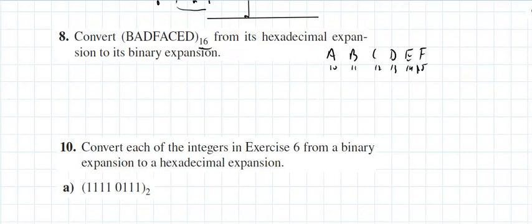It says convert this from its hexadecimal expansion to binary. Okay, well, to binary, let's see how we're going to do this. This is going to be a bit of work. Well, not quite.